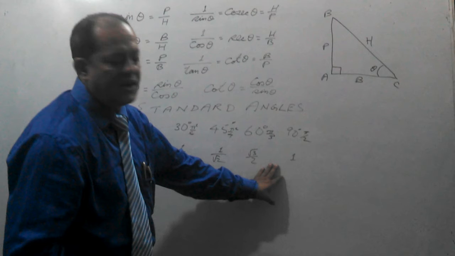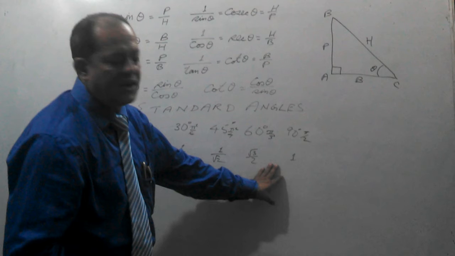So here is our formula, tan A plus B is equal to tan A plus tan B over 1 minus tan A tan B.